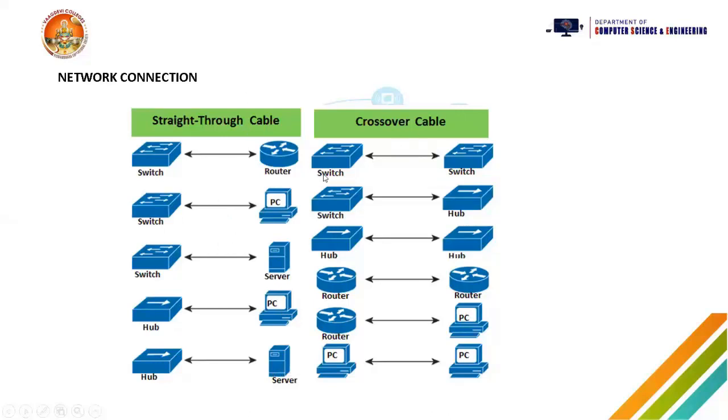Crossover cable connects similar devices. Switch and hub. Now you will say, sir, what are switch and hub? Both are different. Yes, the names are different, but the working is similar. The functionality of both switch and hub is similar. Next, hub and hub is similar. Router and router is similar. Router and PC. Sir, again you said similar, but router and PC are two different things.